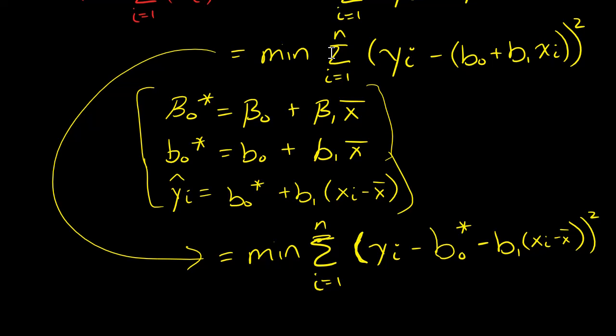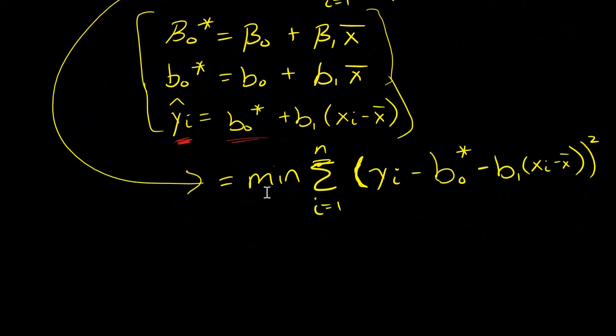So I've plugged this in instead. Now when I'm taking my derivative, instead of taking the derivative with regard to b0, I'm going to take the derivative with regard to b0 star. Let's go ahead and find this derivative.